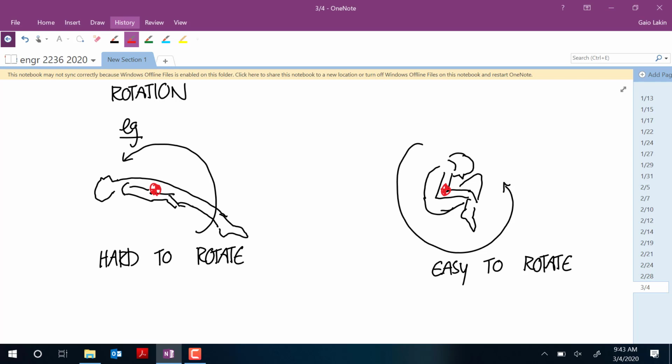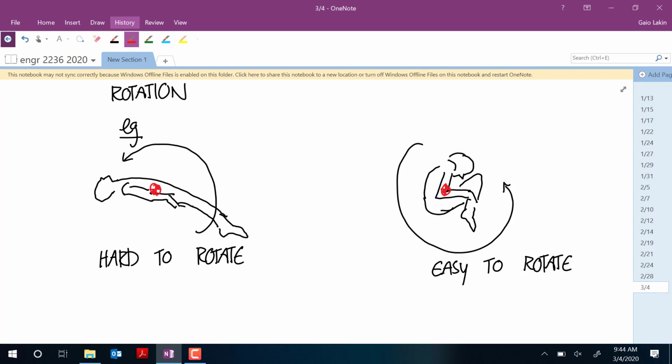Okay? And over here, the whole idea of this position is you're trying to get every part of your body as close to that axis of rotation as possible. Okay? So this has a big mass moment of inertia, and this has a small mass moment of inertia.